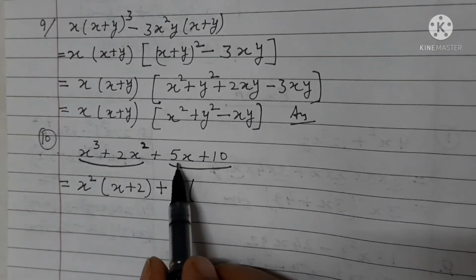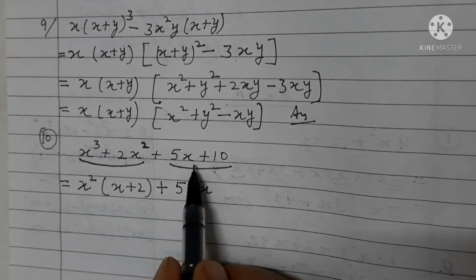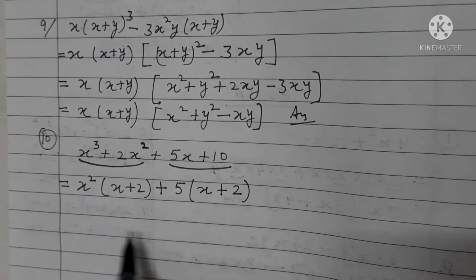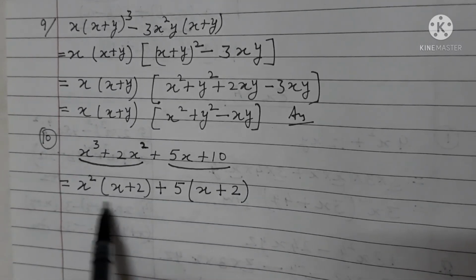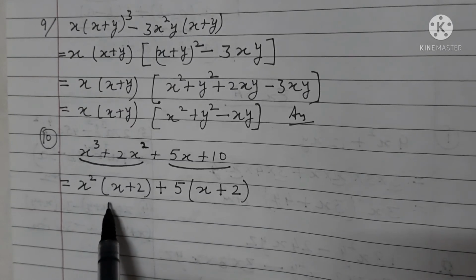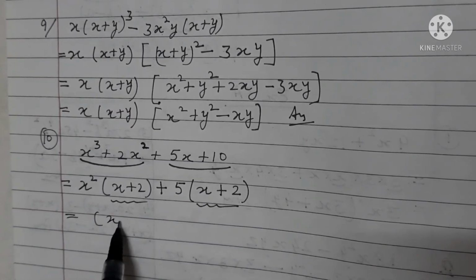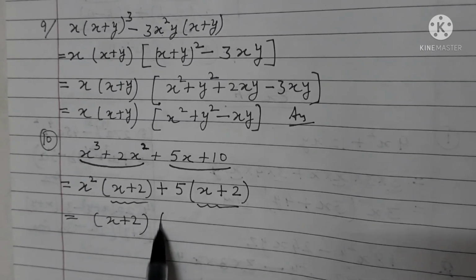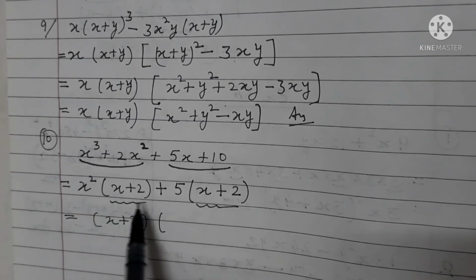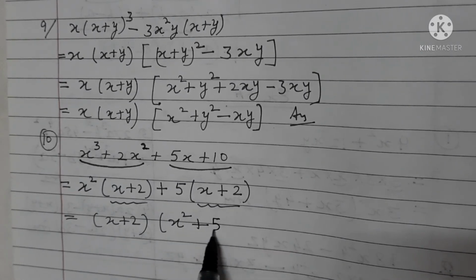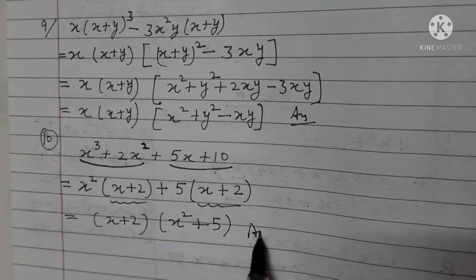Now in the bracket only x is here plus 5 twos are 10, so 2. Now see each term, (x + 2) is common, so take out (x + 2) as common, and in the bracket in the first term x² is remaining, and in the second term plus 5. This is our answer.